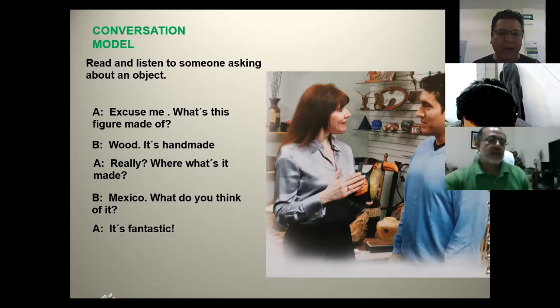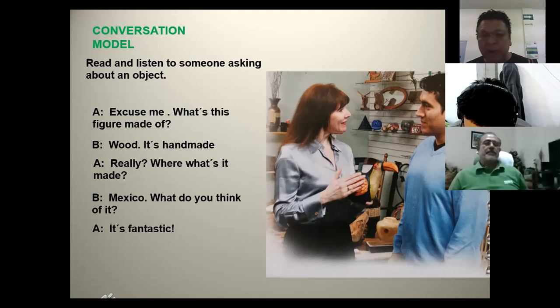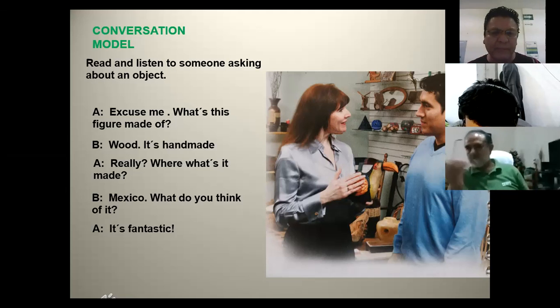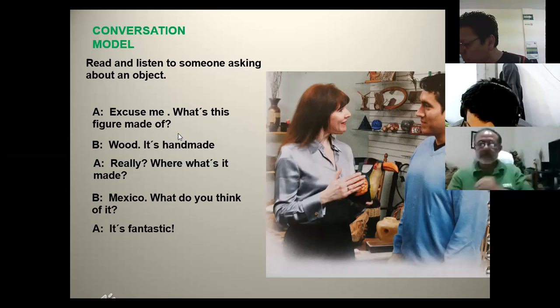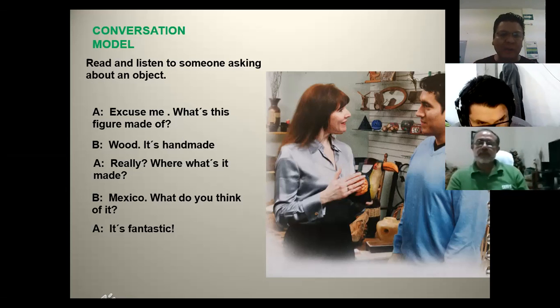Yes. And what about Jacob? I'm okay, ready. We're going to do the intonation, the correct intonation when we see the signs, okay? I am letter A. Who's first? The woman is first.